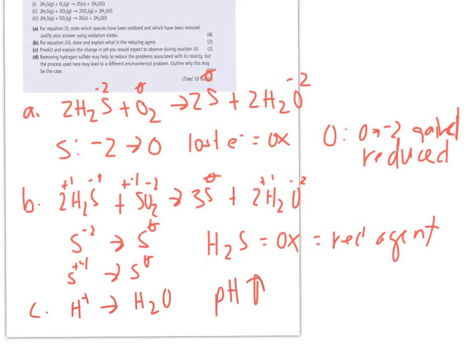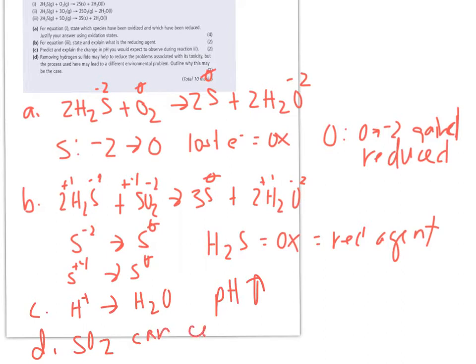And finally, letter D says, removing hydrogen sulfide may help to reduce the problems associated with toxicity, but the process used here may lead to a different environmental problem. Outline why this may be the case. And for part D, you need to take a look at equation number 2, where you see that SO2 is produced.